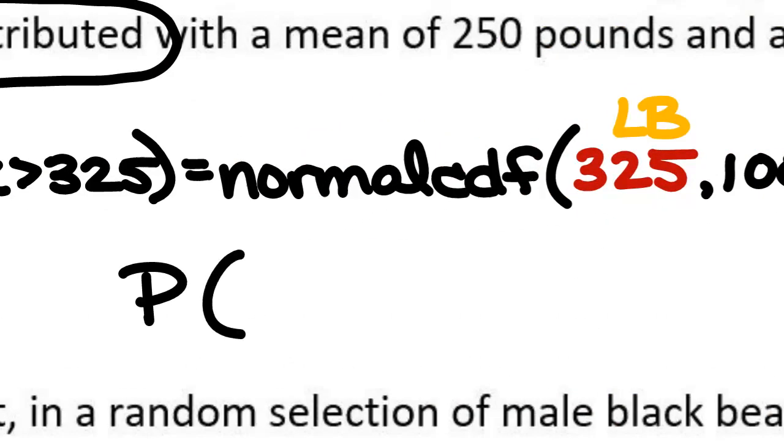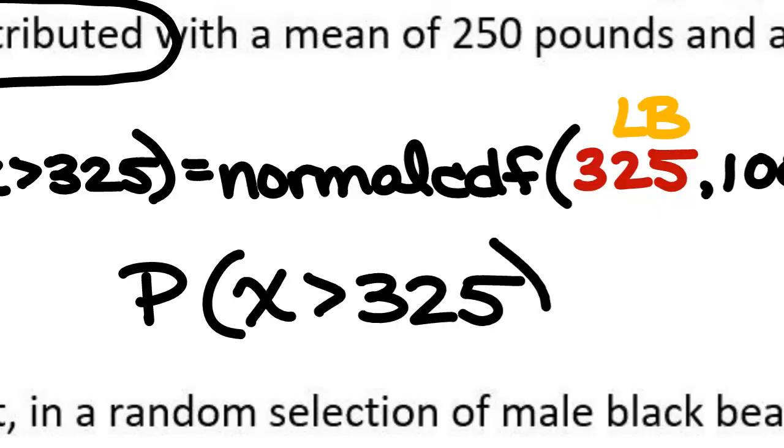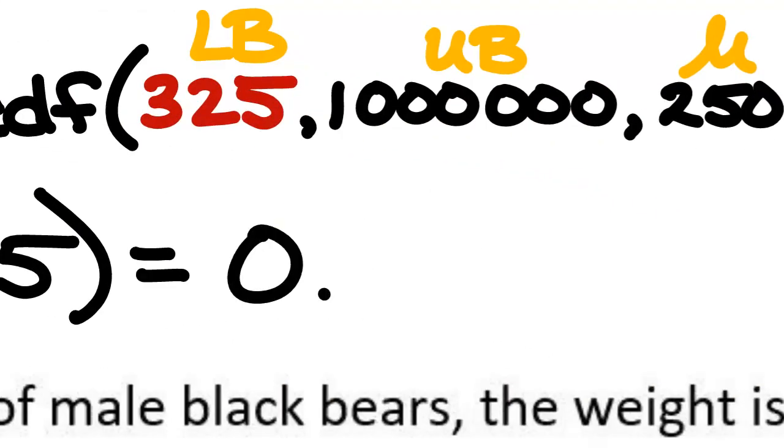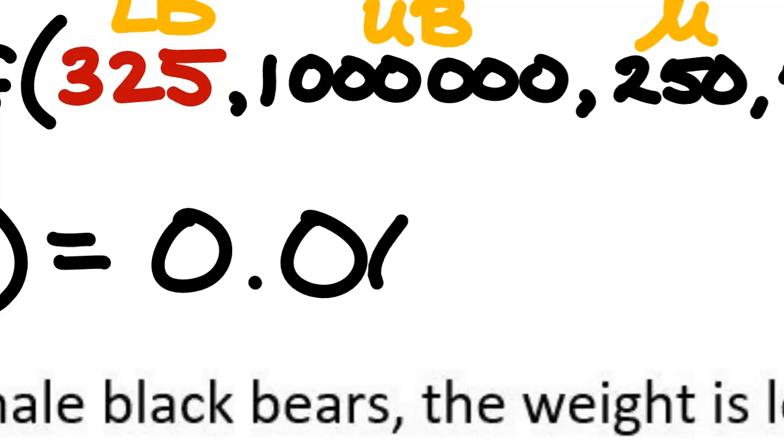So the probability that x is greater than 325 comes out to be about what? We're on number 5. Yes. Sorry, let me get to the right page here. There we go. 0.0668.